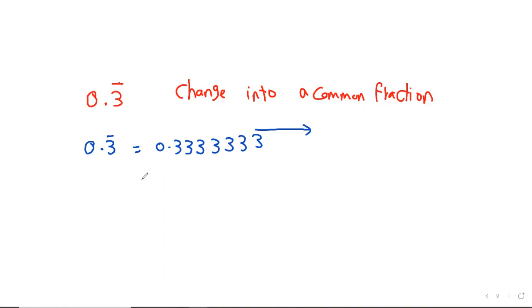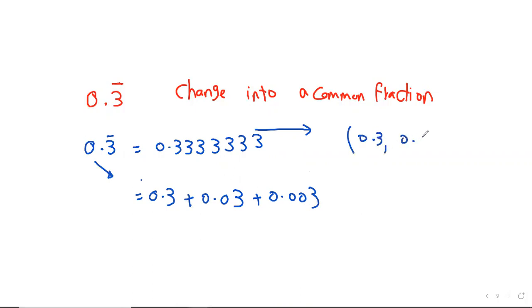So here we can write this recurring decimal as 0.3 plus 0.03 plus 0.003. So it's a geometric series now. And the geometric series came from the geometric sequence 0.3, then 0.03, then 0.003, and so on.